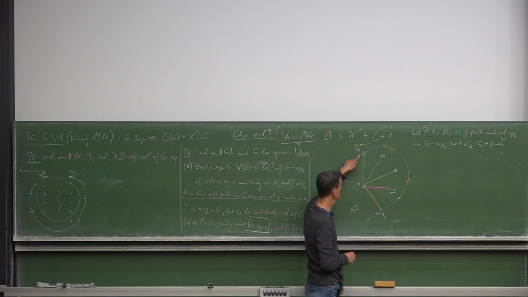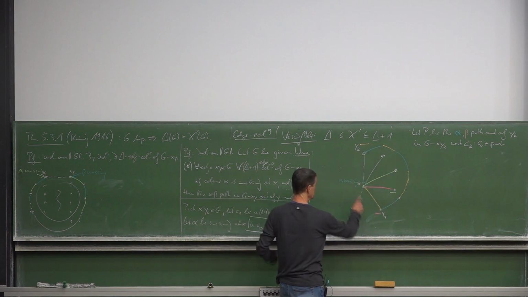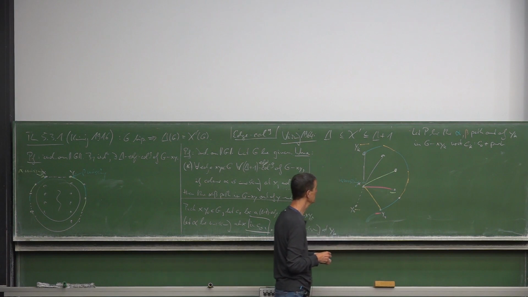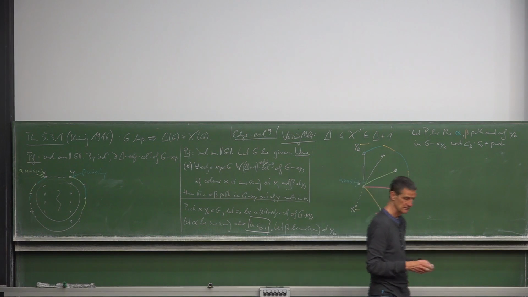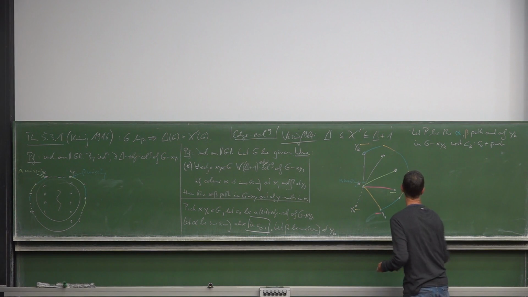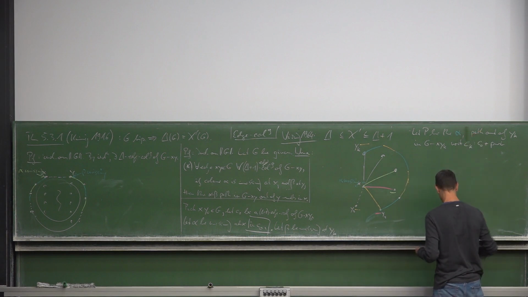Okay, so nonetheless, this path exists and it has to end at x, and we know now that it ends with an edge colored beta at x.